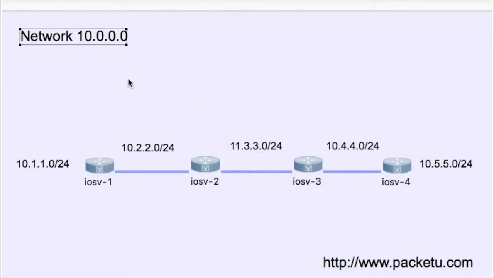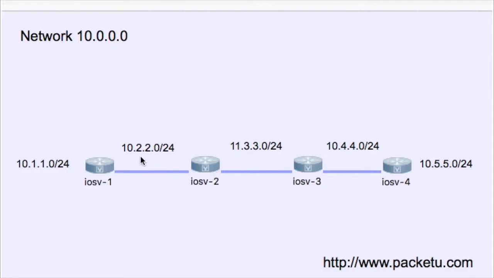It's outside of this. So we would call this discontiguous. Again, if all the components in the path from point A to point B are part of the same network, we would say it's a contiguous network. If it's not, we would say it's a discontiguous network.